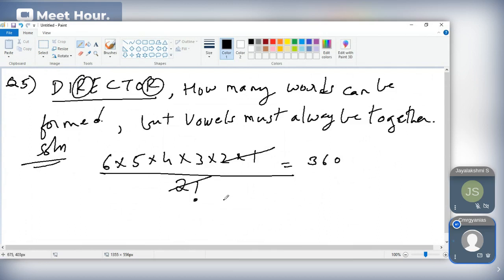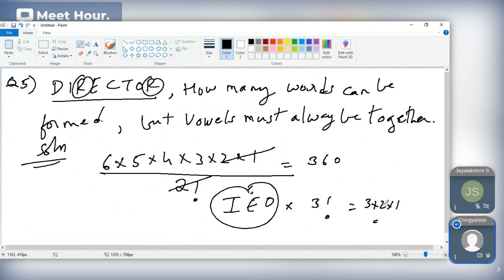Then this IEO, which you are keeping separately, this is 3 factorial ways. So this is nothing but 3 into 2 into 1. So this is 6. So into 6, 2160. You have forgotten to divide for the repetition. R is repeated 2 times, that one you forgot to divide. That's all. Yes, sir. Now got it, sir.